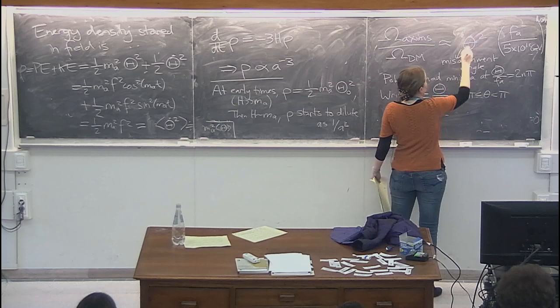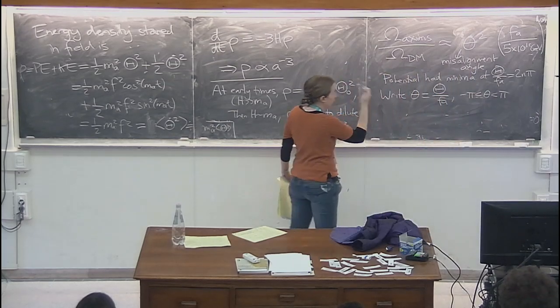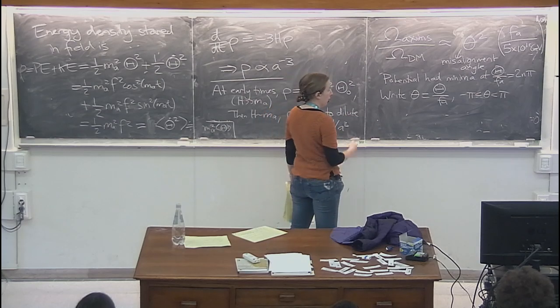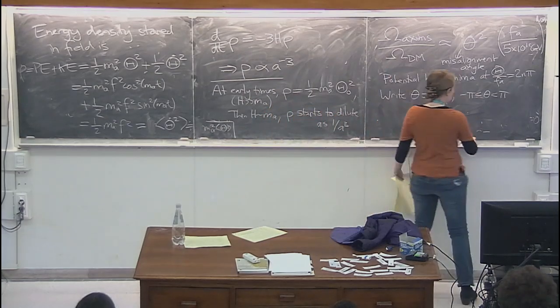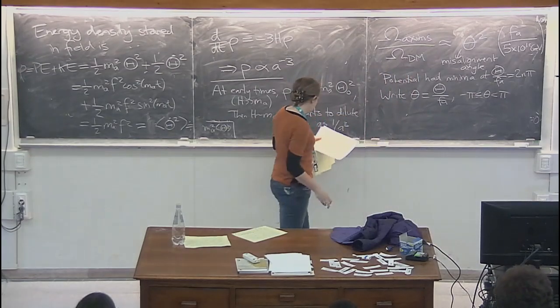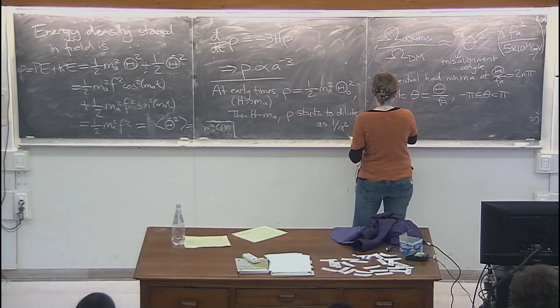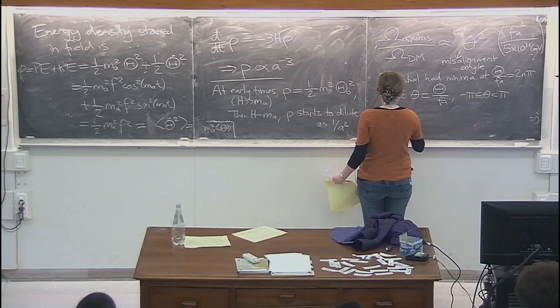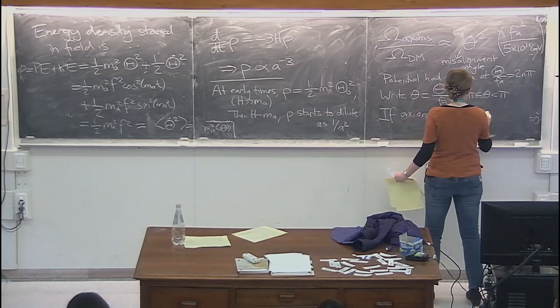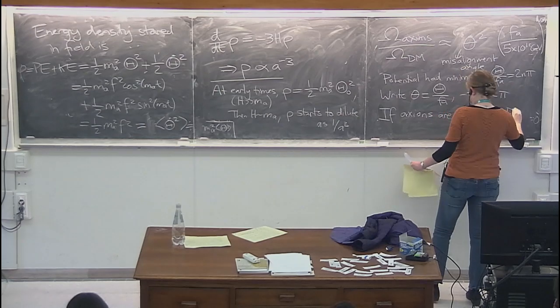So this tells us that if axions are 100% of the dark matter, then this mass scale Fa has to be greater than this value.